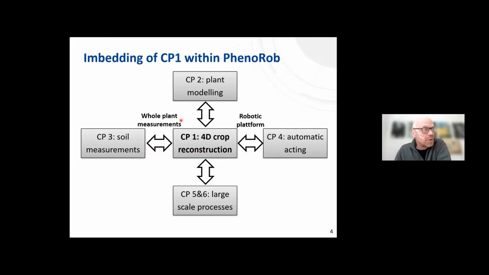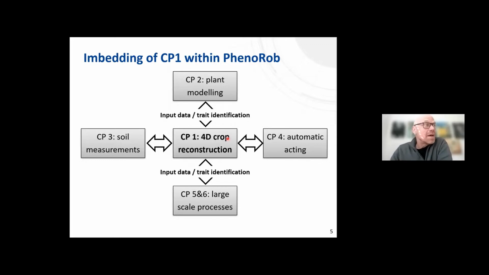But of course, we want to have the information about the whole plant. There are also a lot of collaborations with the colleagues in CP4, who are developing the automatic acting, while we in CP1 are doing the automated sensing. If you think about data and data flow, we see ourselves linked to colleagues and work in CP2, 5 and 6.